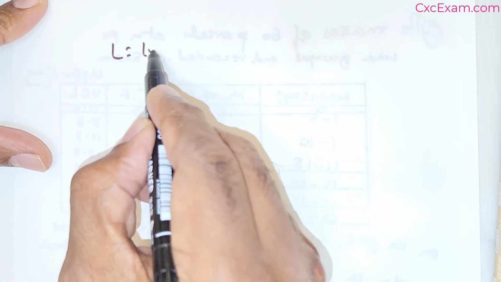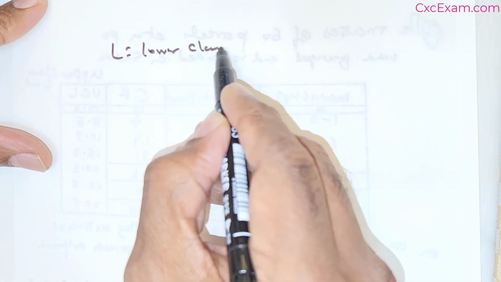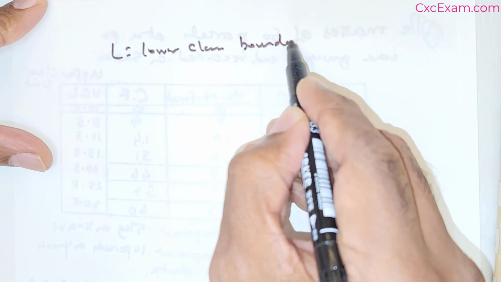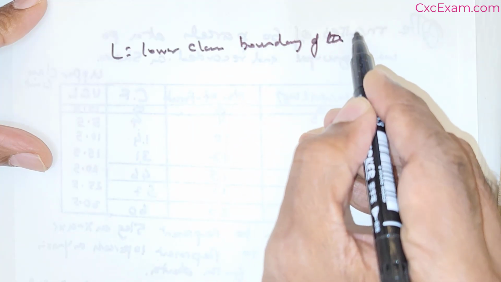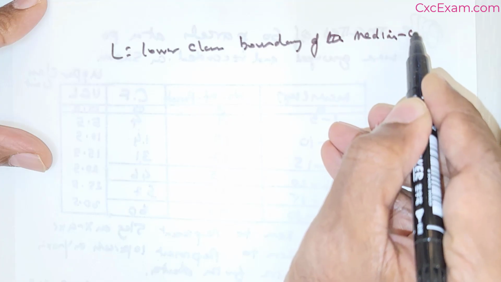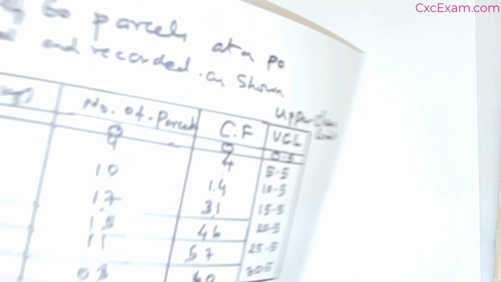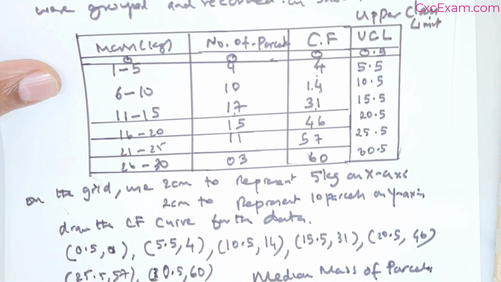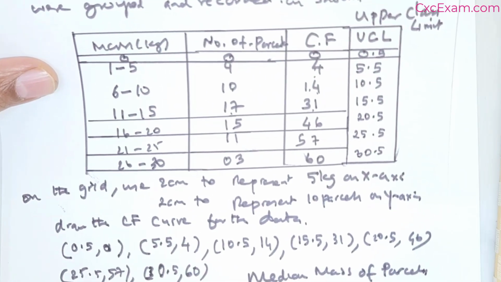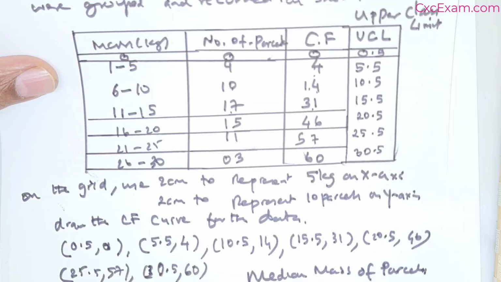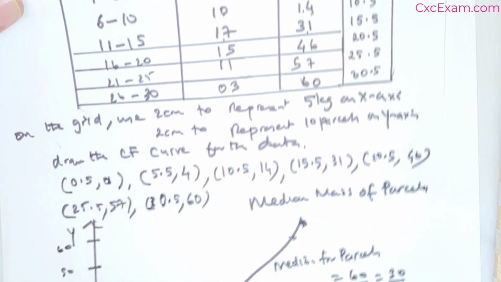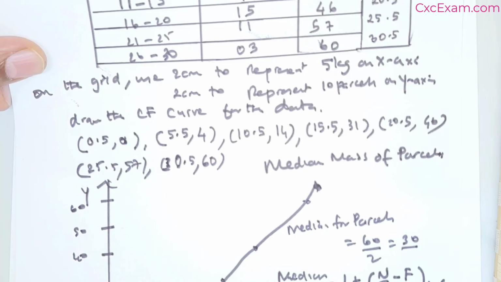Now L stands for lower class boundary of the median class. Now what is the median class? Check out here. The median is actually occurring over here. 30 numbers, right?